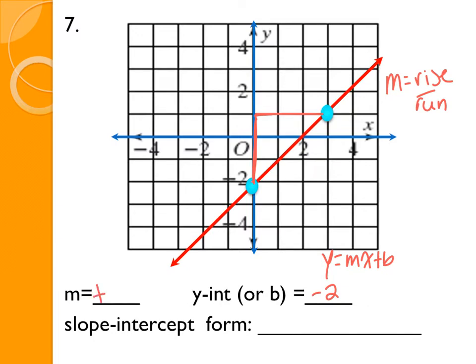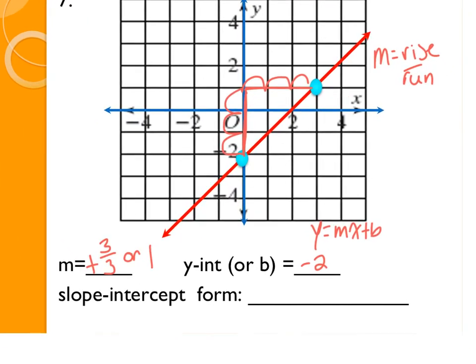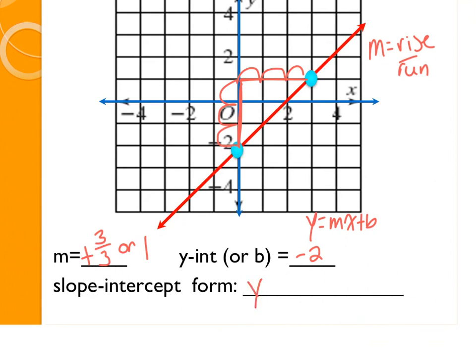Rise 1, 2, 3. And then run 1, 2, 3. 3/3 equals 1. So your slope-intercept form, you can do y equals 1x minus 2, or you can just do y equals x minus 2.